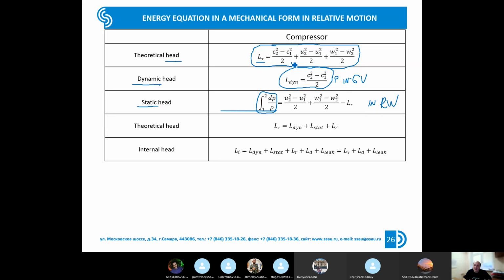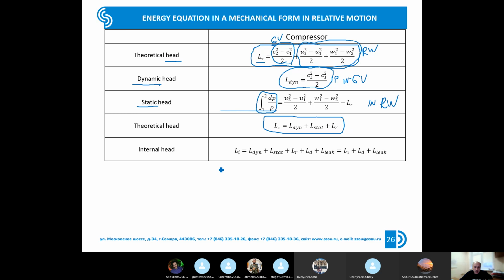So we could say that this type of mechanical energy is converted to the pressure increment in the guide vane, and this energy is converted to the pressure ratio in the rotor wheel. If we compare these two equations for theoretical head, we simply find the relationship between the theoretical head, dynamic head, static head, and resistance.